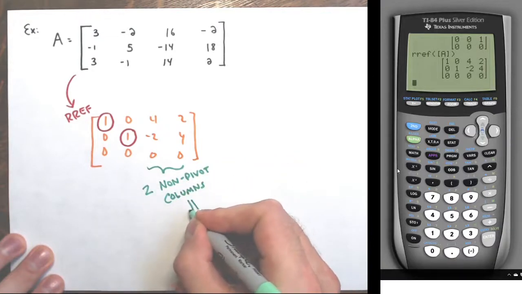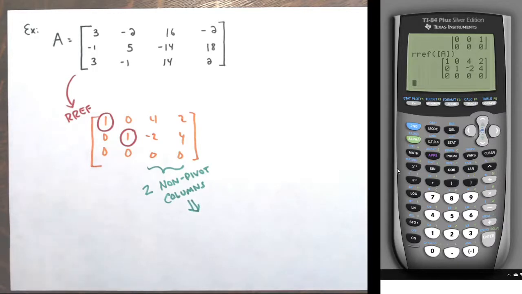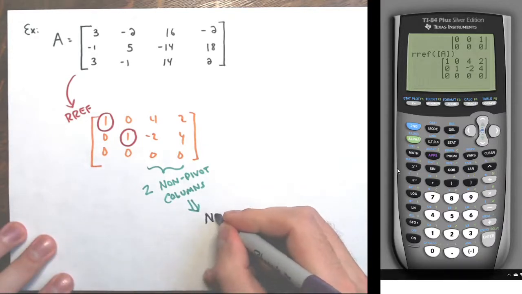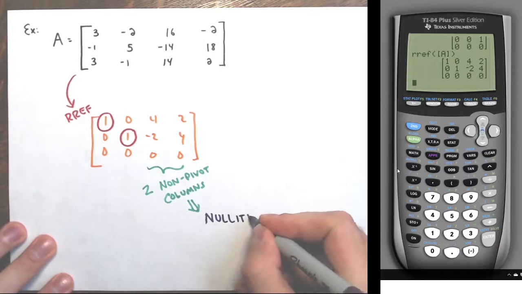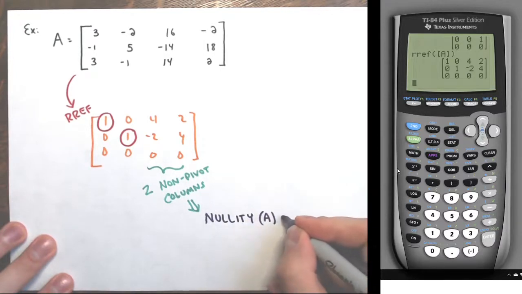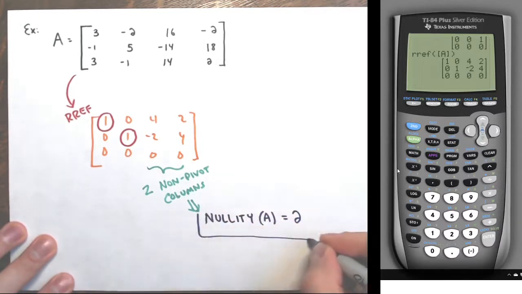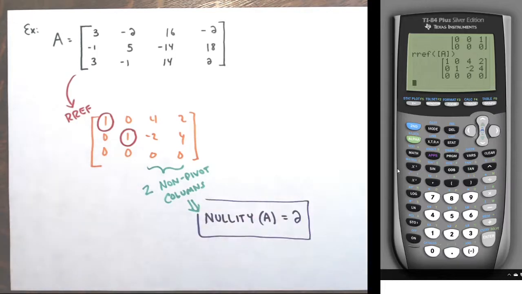So the nullity of this matrix is 2. Again, it doesn't tell me what a basis for the null space is, but it does tell me that if I actually go and find the null space and a basis for it, any basis I find will have exactly 2 vectors in it.